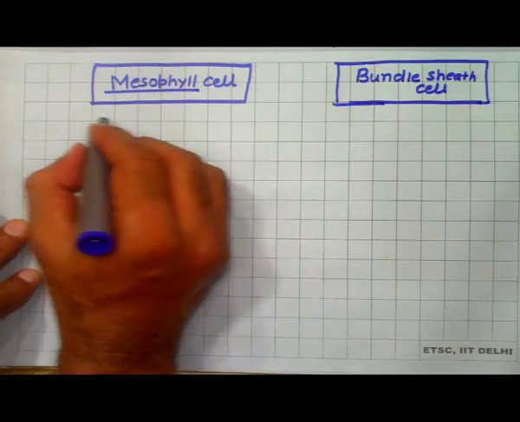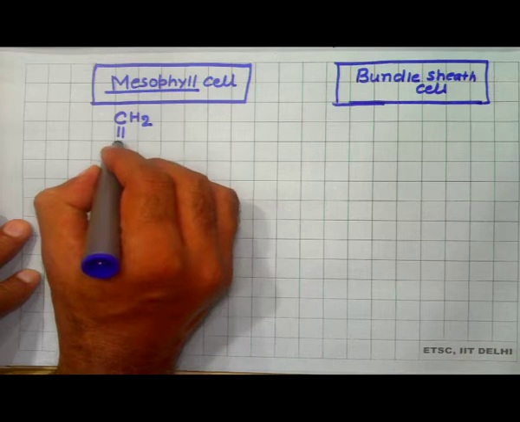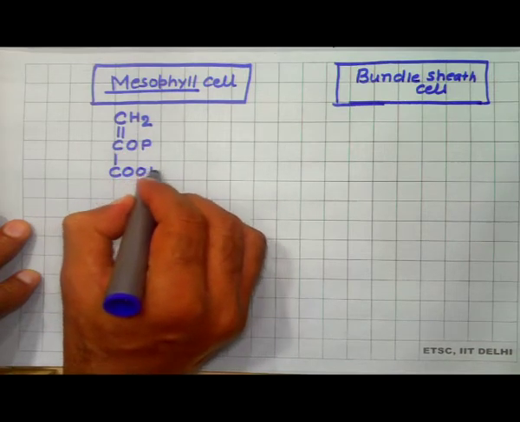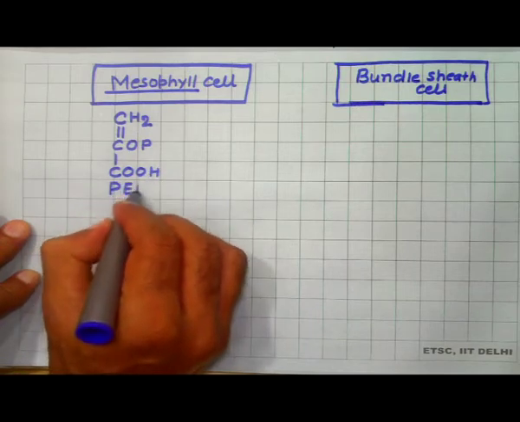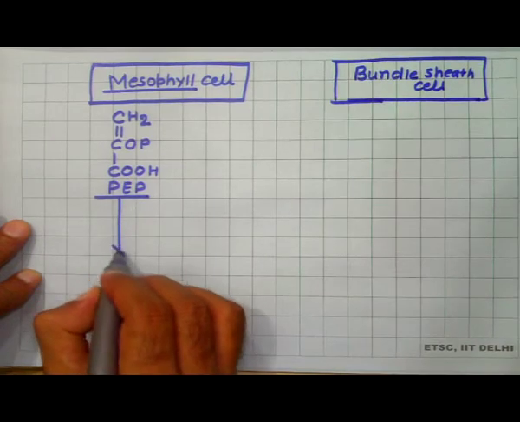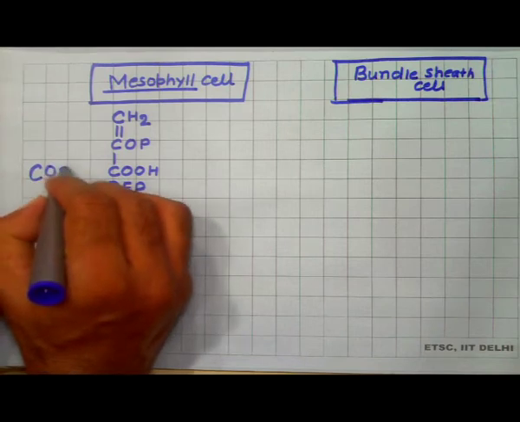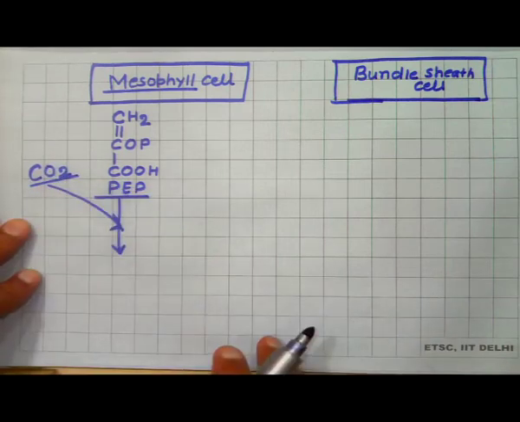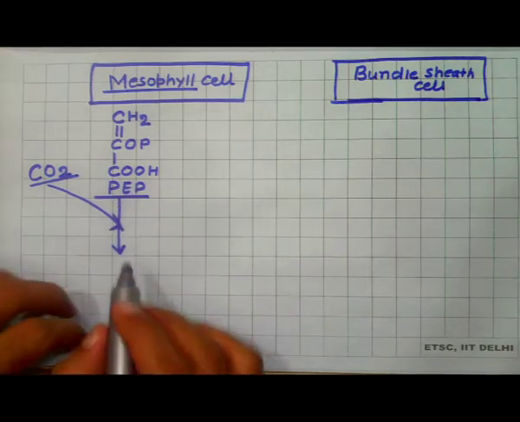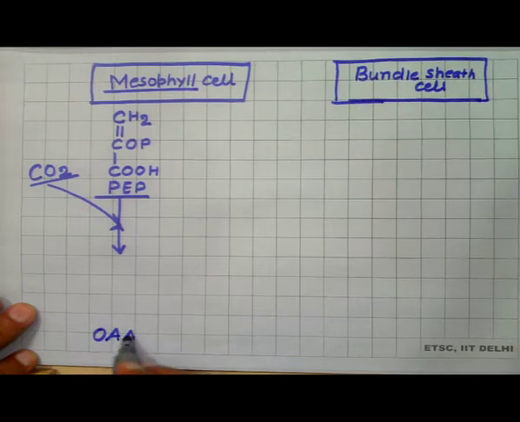So, the freshly formed PEP, phosphoenol pyruvate, receives the carbon dioxide and combined with carbon dioxide, it forms oxaloacetic acid, OAA.